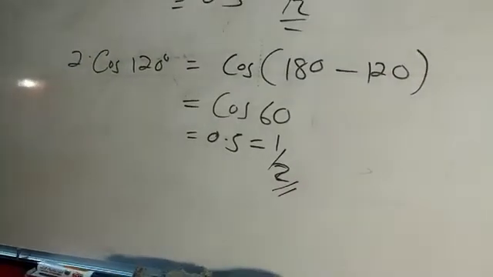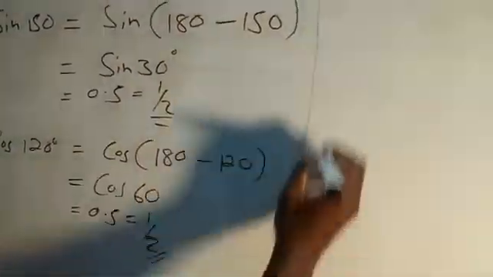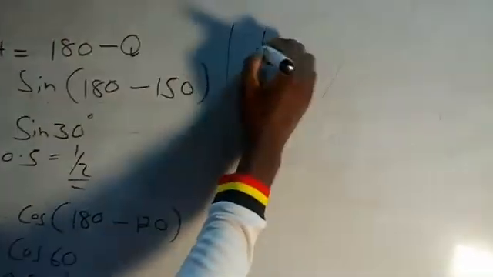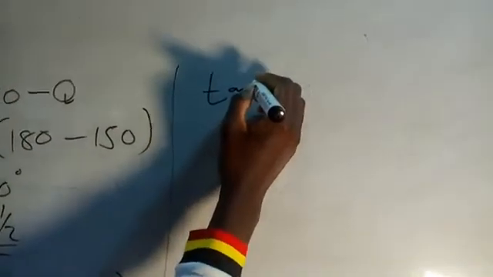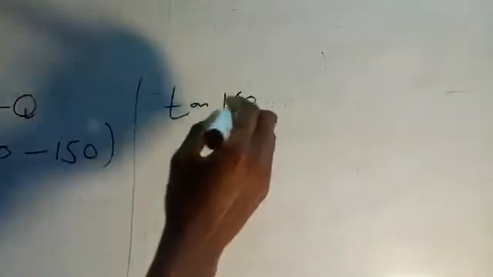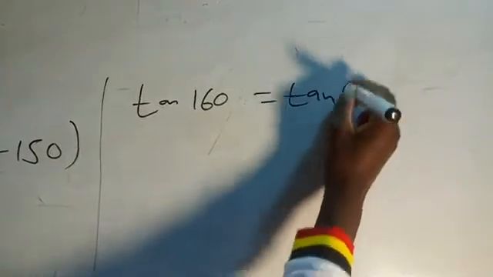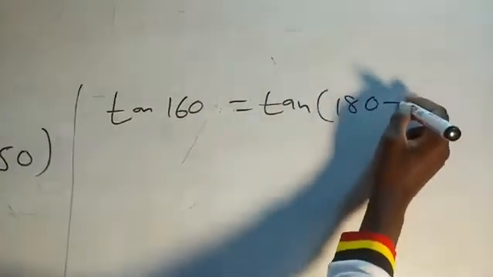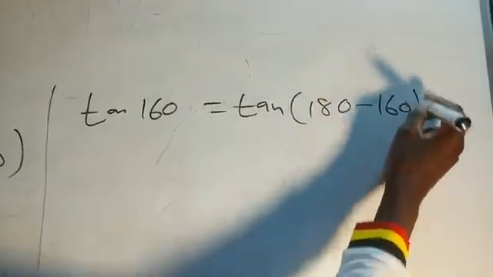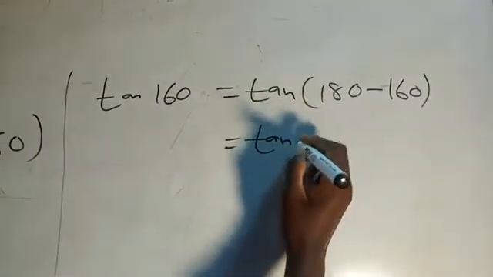And let's go to number 3, saying tan 160 equals tan 180 minus 160, becoming tan 20.